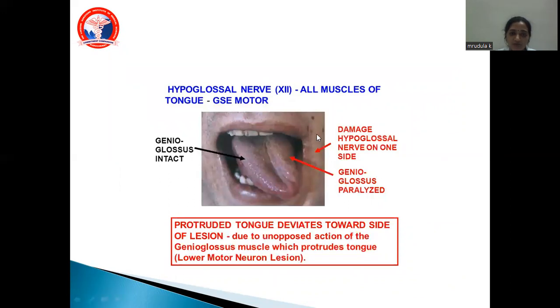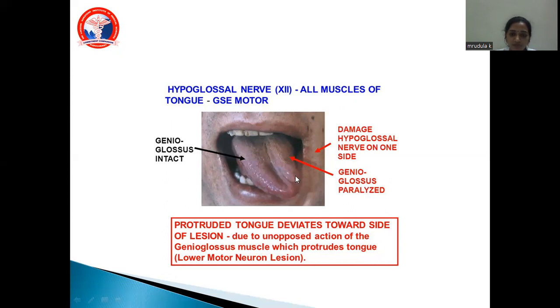So this is the hypoglossal nerve which supplies all the muscles of the tongue except palatoglossus muscle, and you can see the protruded tongue is deviated towards the side of the lesion due to the unopposed action of the genioglossus muscle. Okay, this is the genioglossus muscle which protrudes the tongue.